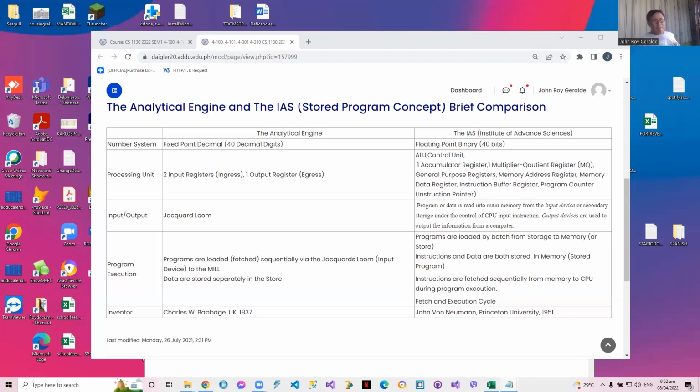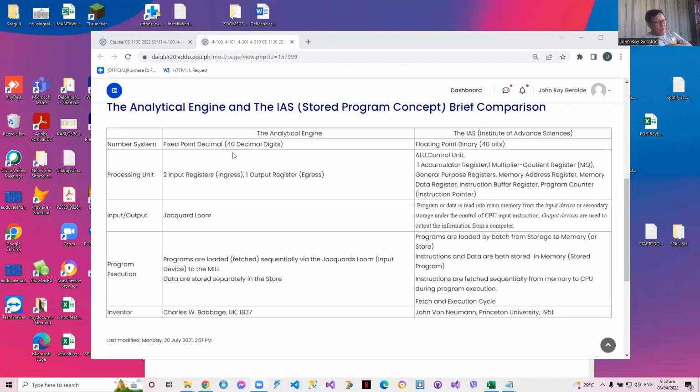So anyway, what John von Neumann did is change the program execution. That's why there are two units. Programs before they're executed are loaded in whole, not in part, in whole by batch from the secondary storage like your hard disk to memory. Do you follow? So nowadays, when you run an exe file, the exe file is from your hard disk.